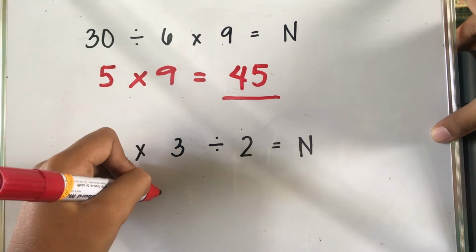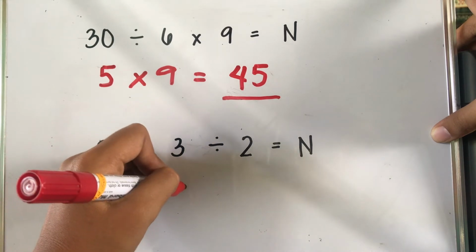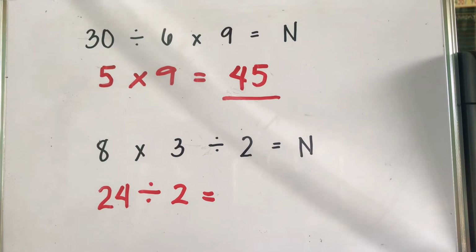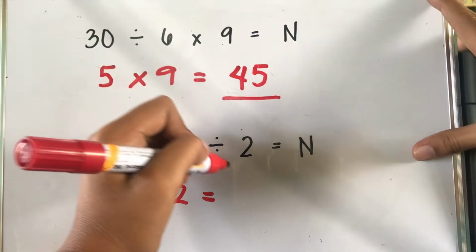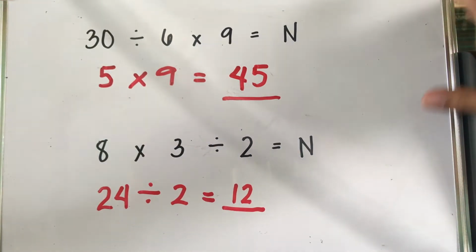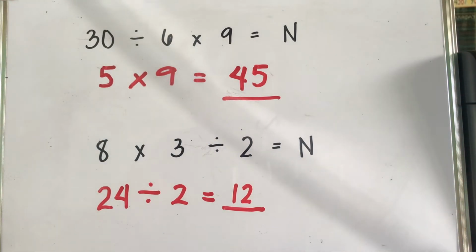And then you copy the rest, divided by 2. So we have 24 divided by 2 equals, correct, that's 12. So we have 8 times 3 divided by 2 equals 12.